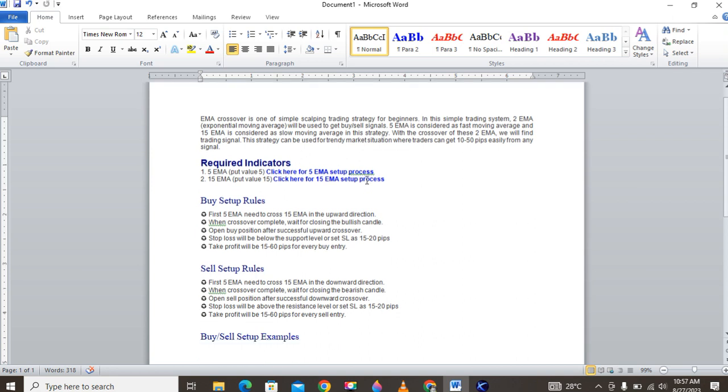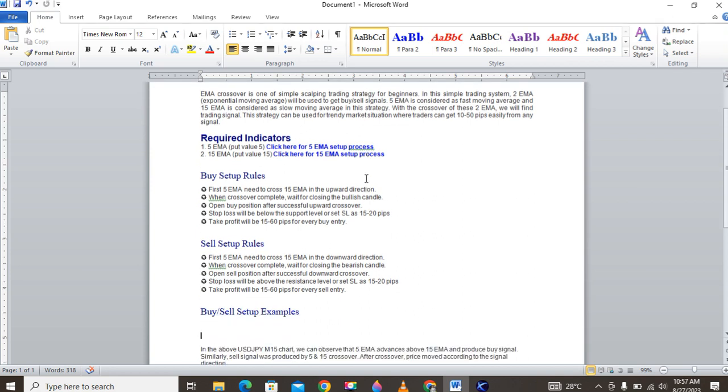Yes, so now how do we set up our signal? Like you already know, we need two indicators, which are the moving average, 5 moving average and 15 moving average, and it must be exponential moving average, that is EMA.